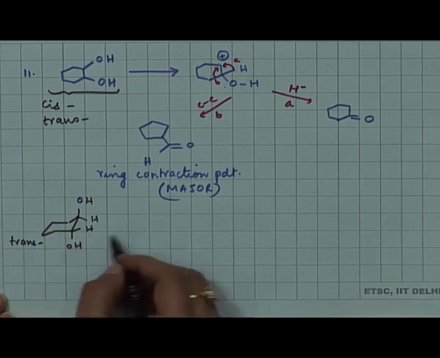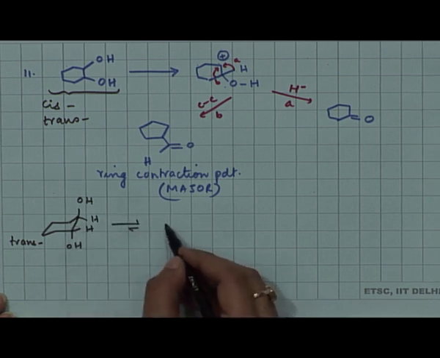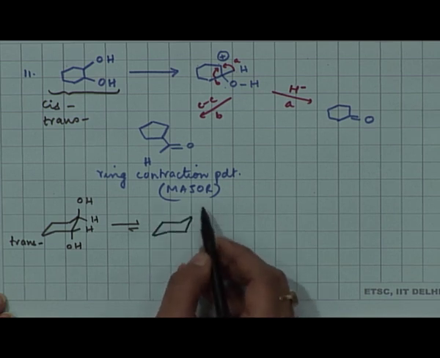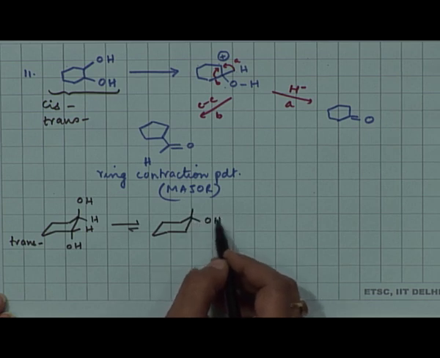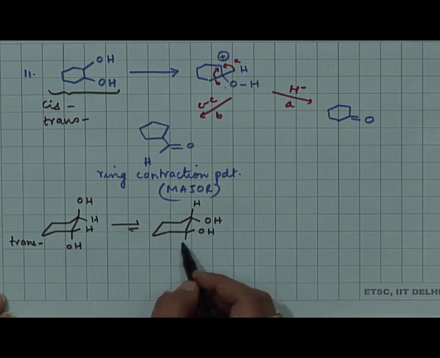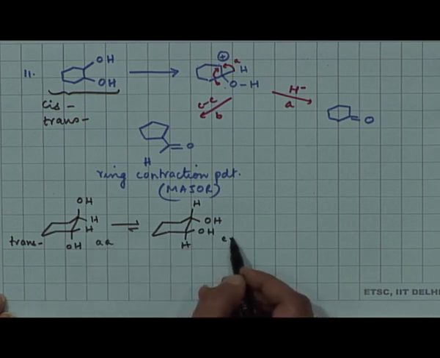This is the diaxial, and this would exist in the ring flipped form also, which I will just write could be the other form, that is the di-equatorial. So, both are trans isomers, the diaxial or the di-equatorial.